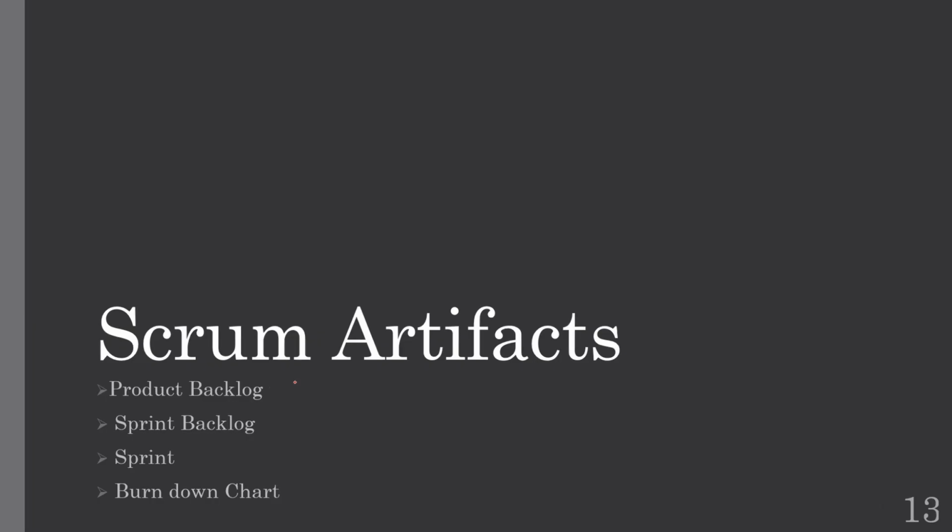Our second major aspect is to consider the Scrum artifacts after Scrum roles. These artifacts include product backlog, sprint backlog, sprint, and finally the burn down chart. We will study these topics in our coming slides.